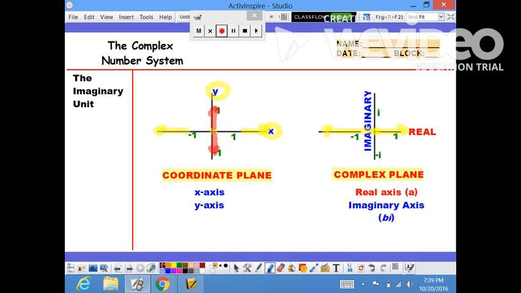But on the imaginary axis, when you go up, that's positive i, and when you go down on the imaginary axis, that's negative i. The real axis, again, is a, and the imaginary axis is your bi, which gives you your complex number. Okay. All right. Let's move on.